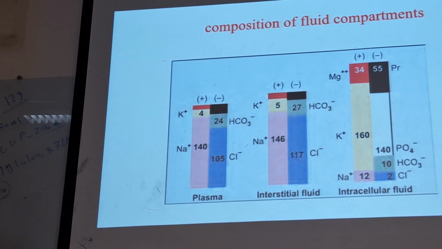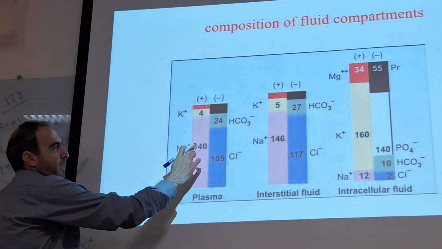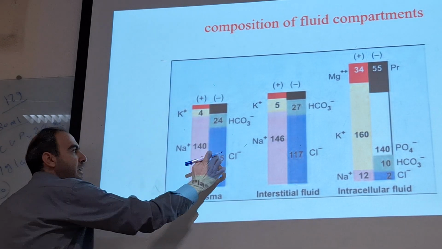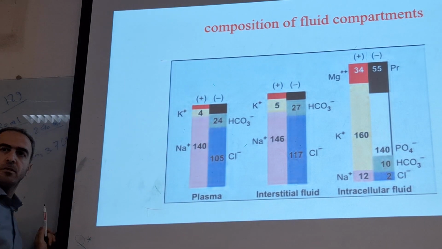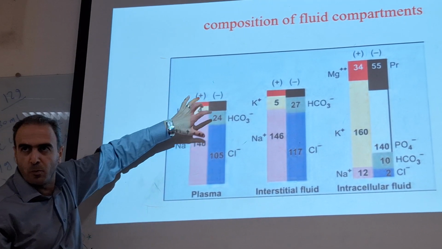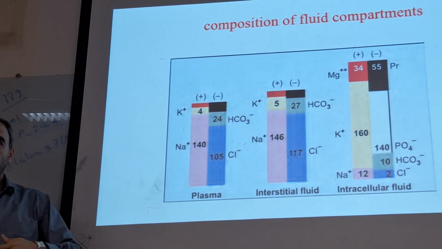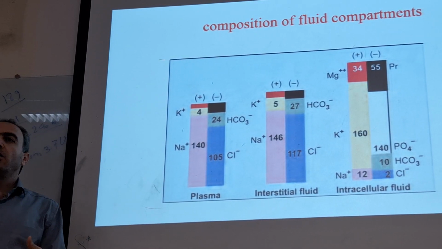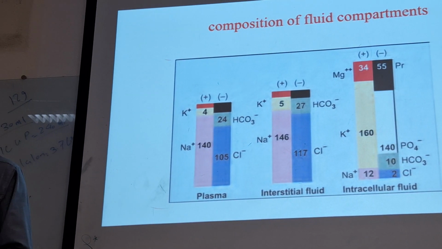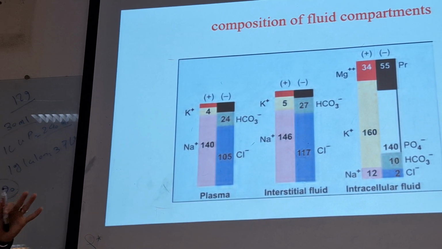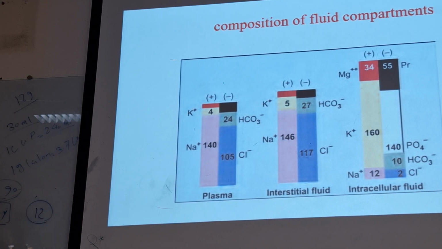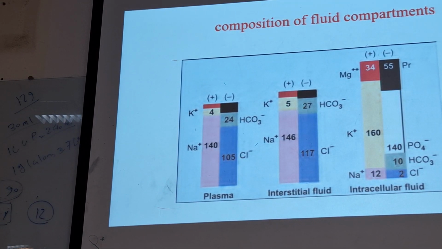So all the time, if you imagine, here is 140, and here is 129. We have a difference in the amount of anion with the amount of cation, which we measure. We call them unmeasured anion. This unmeasured anion usually is about 10 to 12. All the time.